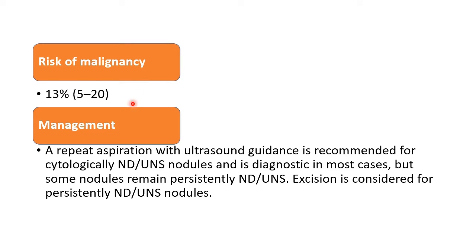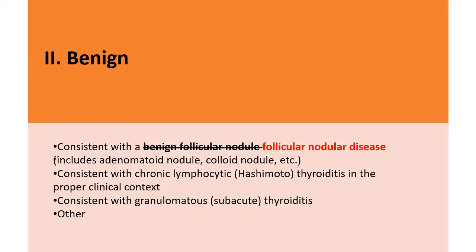Risk of malignancy is slightly increased compared to the previous Bethesda, at 13% with a range of 5 to 20%. The management remains the same. A repeat aspiration with ultrasound guidance is recommended, and it is diagnostic in most cases, but if they continuously remain non-diagnostic, excision is required.